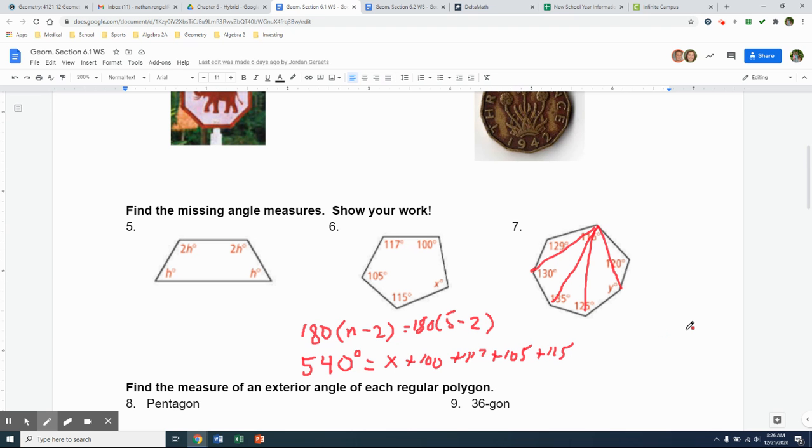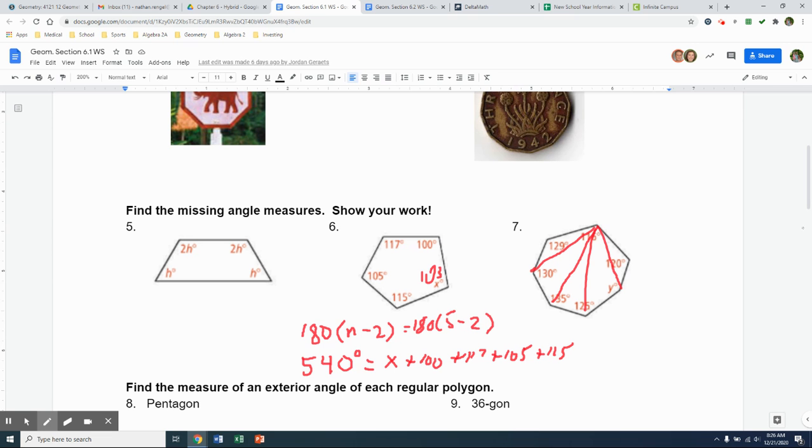Eventually we would subtract all those angles over and figure out how many degrees are remaining for that x angle. I forgot my calculator here. So we would take 540 minus all those angles, and we'd be left with the x angle being 103.